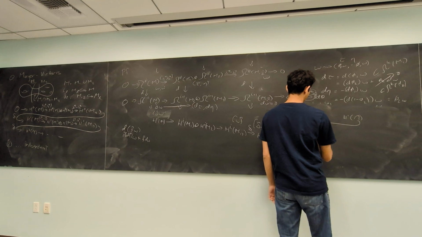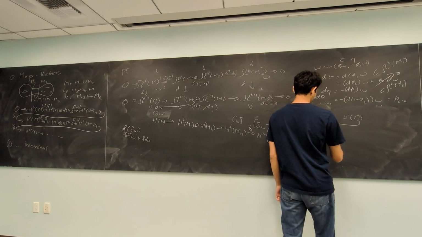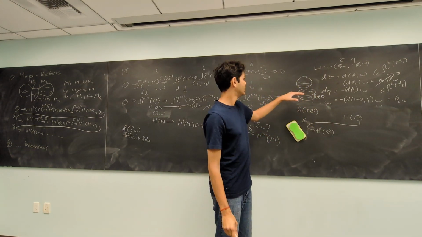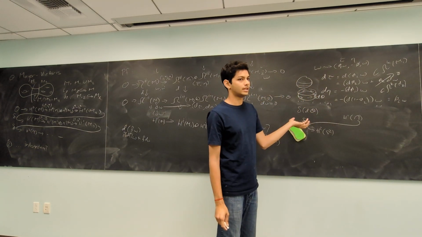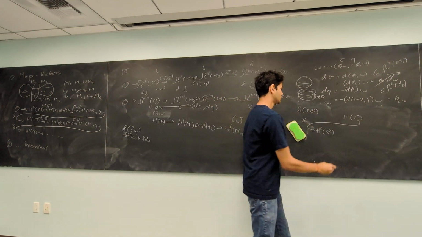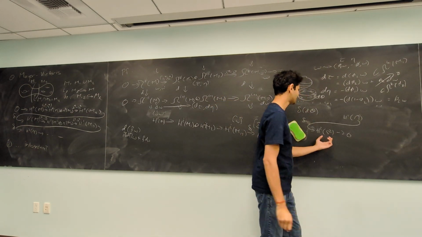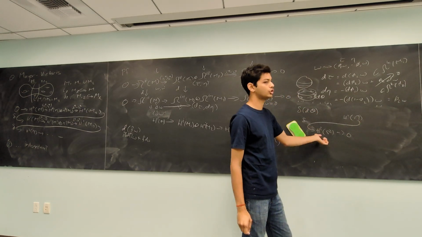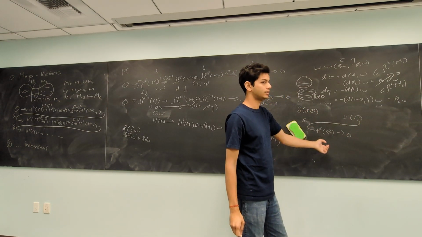And then the coboundary operator will take us to H^2 of S^2. And we know that the upper and lower hemispheres are both contractible, so they have trivial cohomology. The intersection is a circle, so it doesn't have any H^2. So this will be going to 0. And we expect this to be R. So the coboundary of this guy should generate this guy, right?